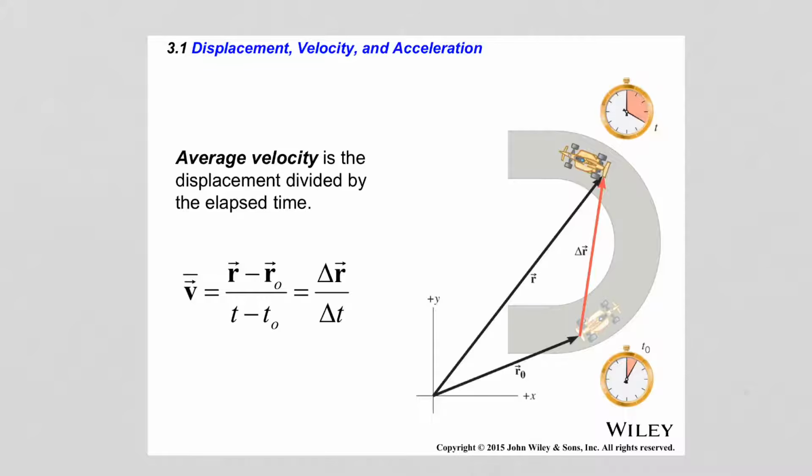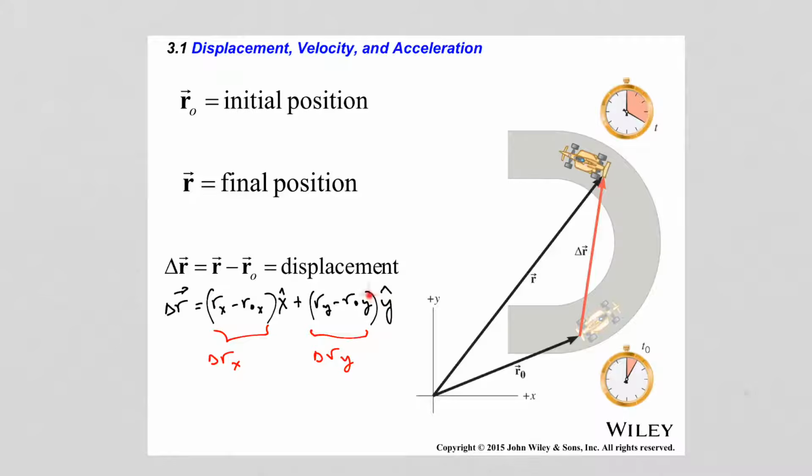And here again, when calculating this average velocity, we must go back to the calculation of displacement, which is shown here. Take this result and divide both terms by the elapsed time.